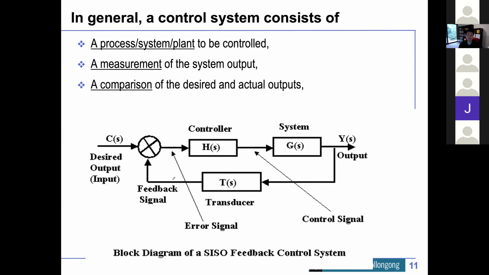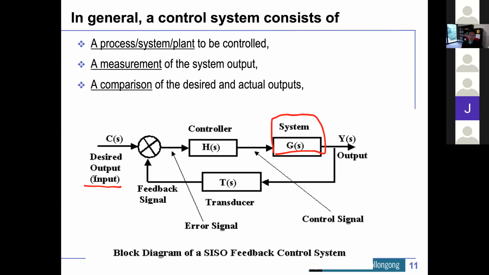So these are the different components in the control system. There will be a system or plant. We can call it plant, or we can call it control object. For example, this is a DC motor. It can be a motor, it can be a chemical plant. This is a process that's running by itself. And we have the desired output.